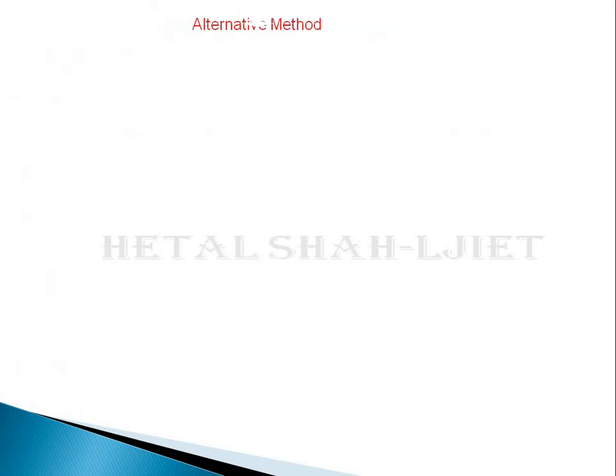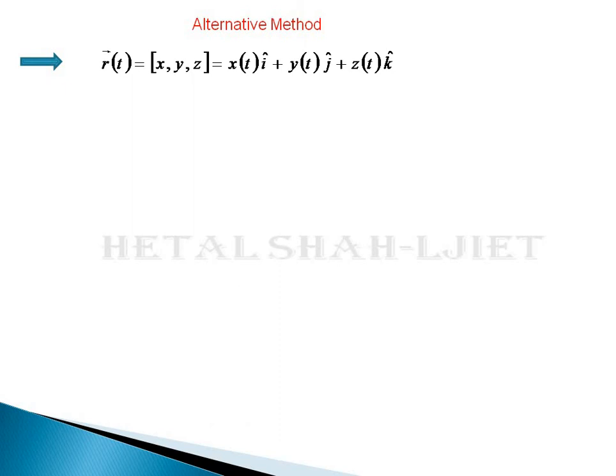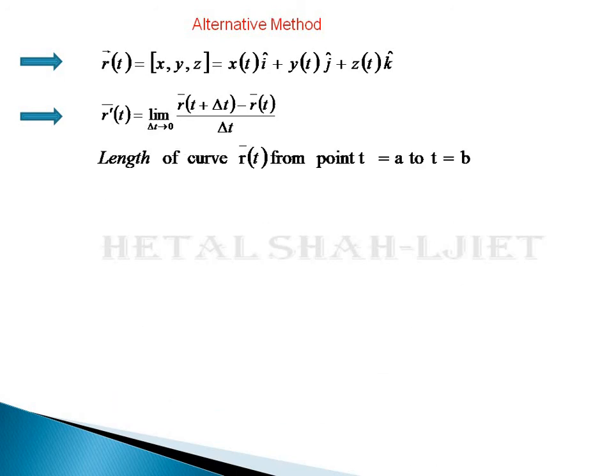Now the alternative method is, again our given position vector is r(t) = x, y, z, you know. Then you find the derivative of your position vector with respect to t.